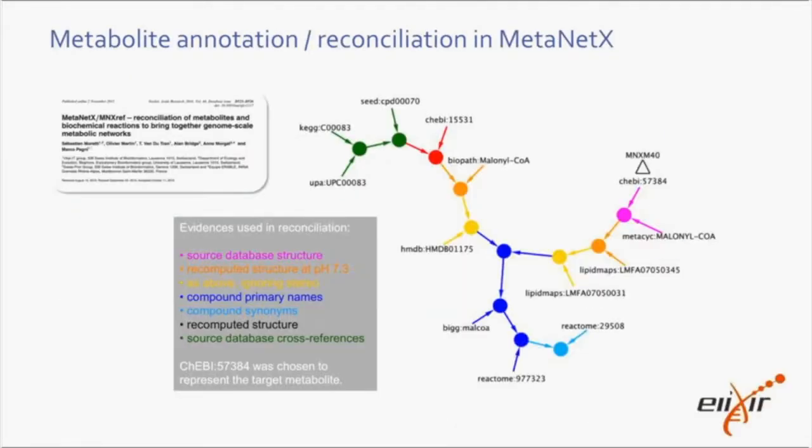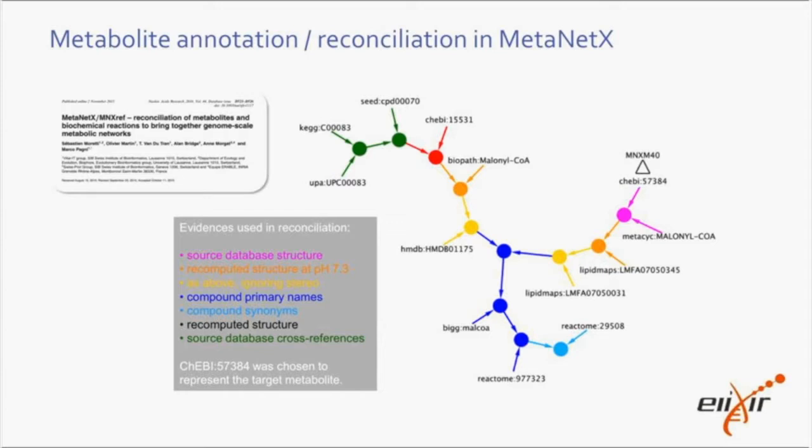So to illustrate this, I'll just show you one of the main features of this MetaNetX resource. So underlying the MetaNetX platform is a common nomenclature for metabolites and reactions. It's a common namespace called MNXREF.